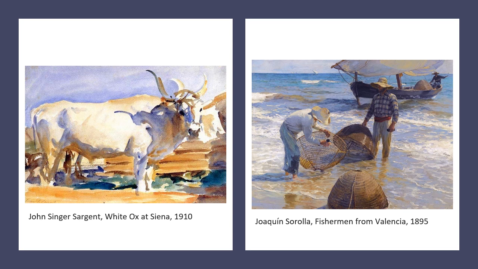So aside from Mona Lisa, we also have paintings like this. This is The White Ox at Siena in 1910 by John Singer Sargent. So what is the main subject of this painting? Yes, it is the white ox. And this is The Fisherman from Valencia in 1895 by Joaquin Sorolla.